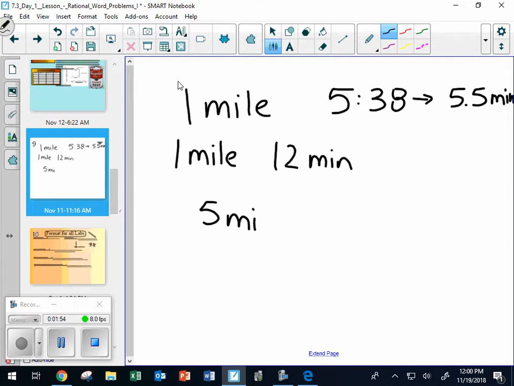So if I just look at these times, am I going to run more miles than Ryan? Definitely not. So collectively we will run 5 miles together. We want to know how much time it would take for us to run those 5 miles collectively.